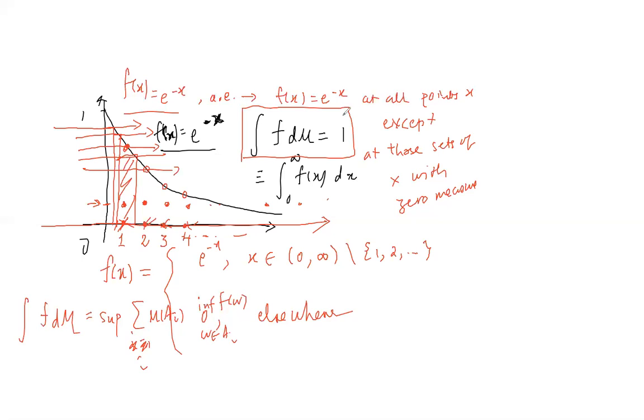Okay, so this is what almost everywhere means. And now maybe we just talk about some basic properties of the Lebesgue integral. We have the so-called positive part and negative part. So you basically have the Lebesgue integral, I can write it like this.